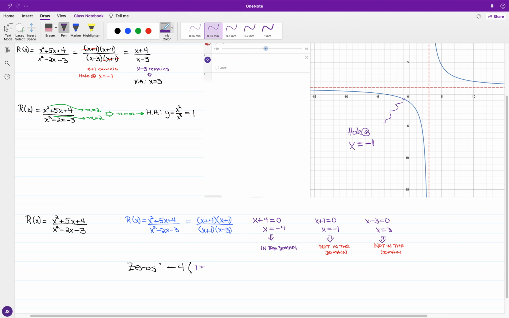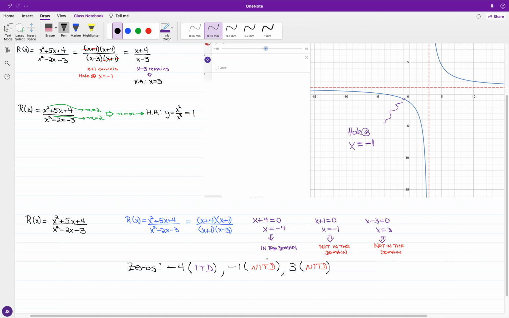Negative 4 is ITD, in the domain. You have negative 1, not in the domain. Also 3, also not in the domain.